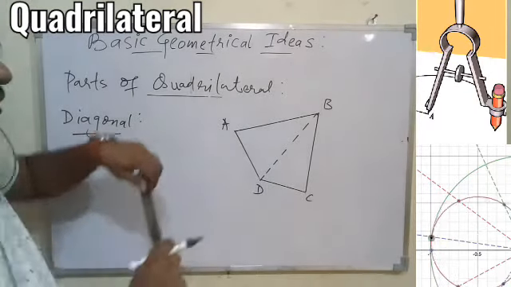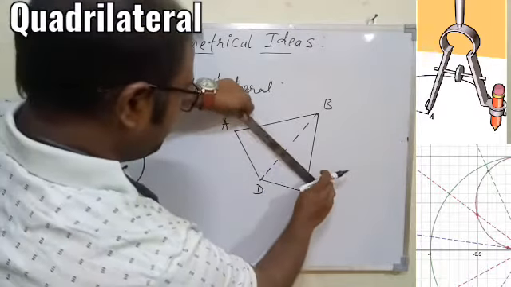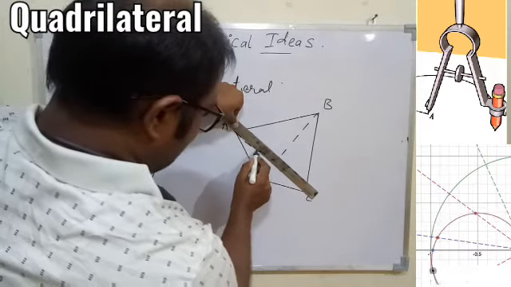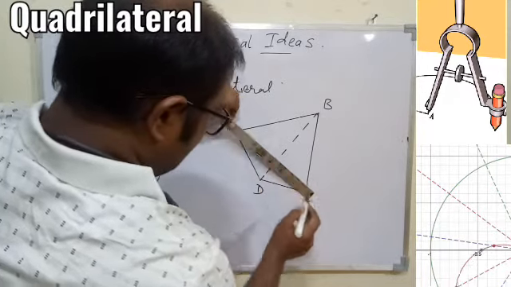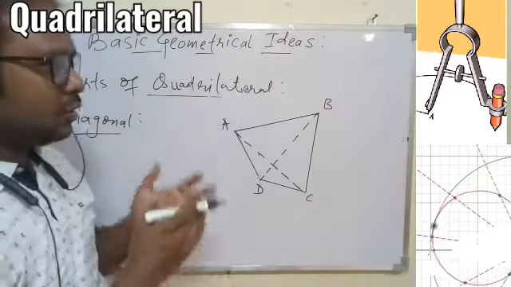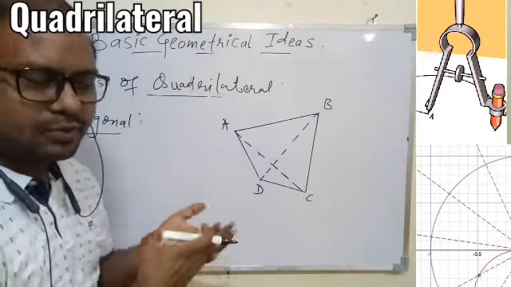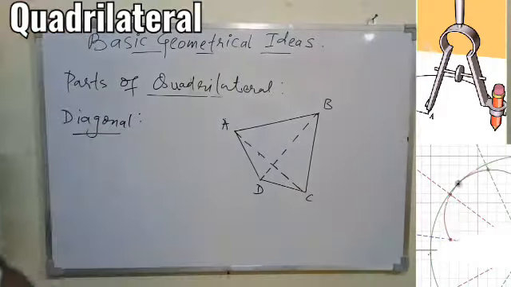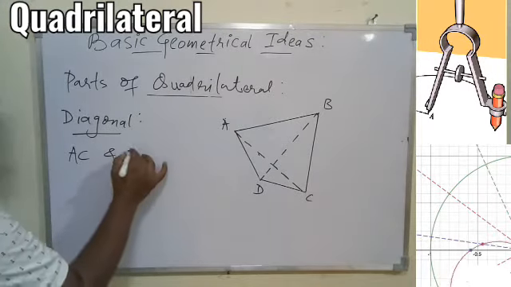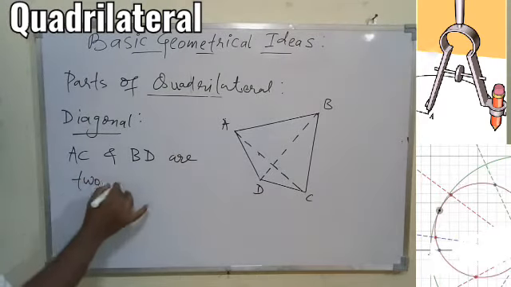So here B to D is one diagonal, and another diagonal which is possible is C to A. The lines I am drawing dotted are showing you the diagonals. We can only draw two different line segments connecting the non-adjacent vertices. So only two diagonals are possible here, AC and BD.